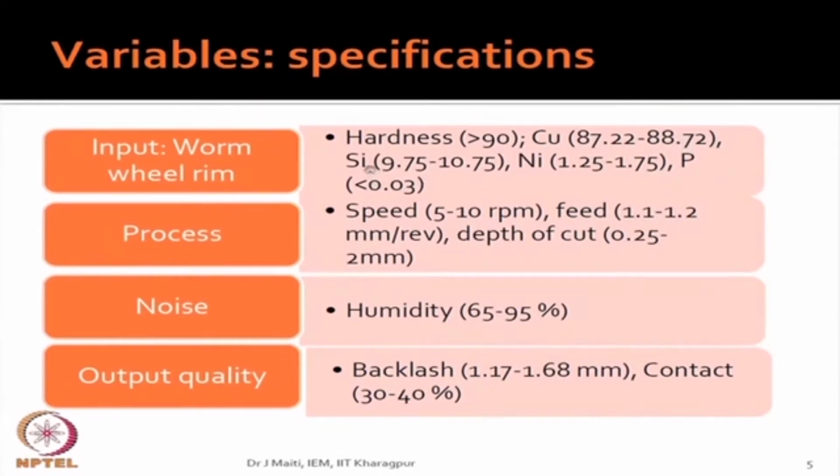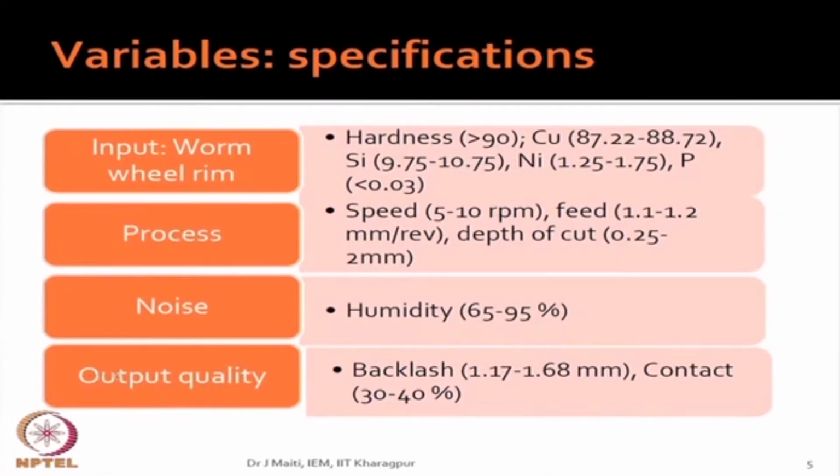Silicon similarly 9.7 to 10.75, nickel, and phosphorus should be less than 0.03%, all are percent figures. So, this is what the hobbing section requires from the centrifugal casting section in terms of worm wheel rim quality.